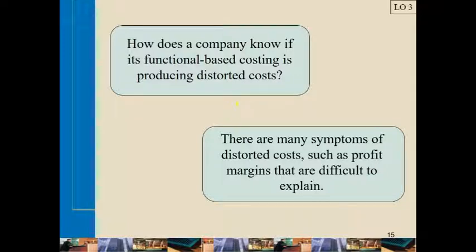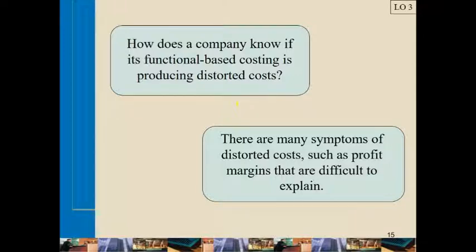Thus, their products can either be, it's either ang cost niya is gamay ra kaayo, or ang iyahang cost is taas na kaayo, diba? So, again, distorted na ang iyahang cost. Tungod kay, again, your measurement or your way of assigning, which is ang kanang sa functional base, is dili na siya accurate.